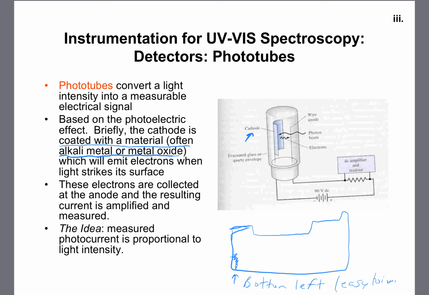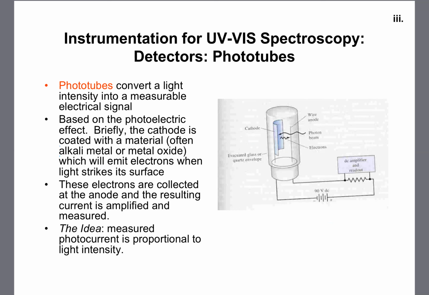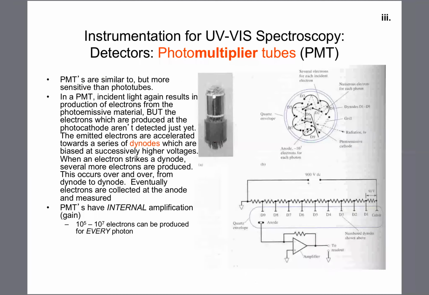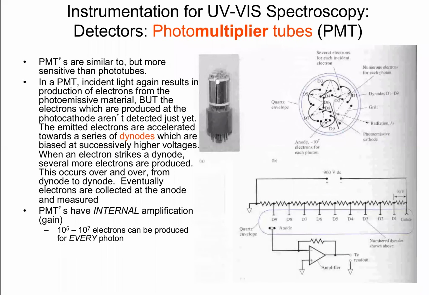They have the lowest ionization energy. So we typically make the material on our cathode out of those elements. And you'll see that quite frequently because they're just the easiest to ionize. You've got to drive the ionization event if you're going to make a photocurrent. But nonetheless, it's kind of a cool application of a physical phenomenon to make a useful detector.